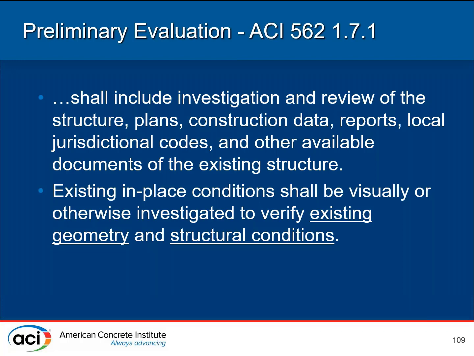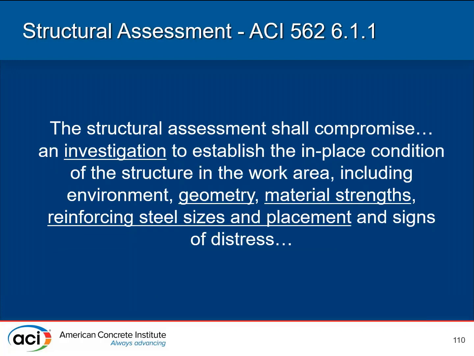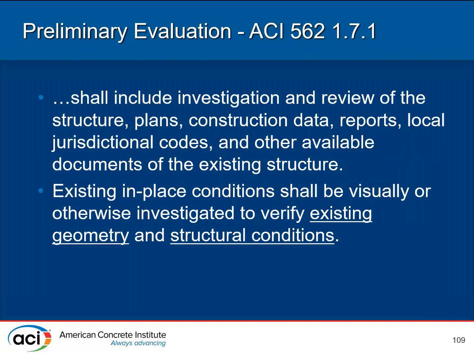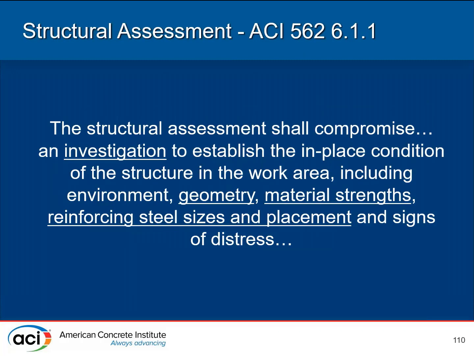First step, preliminary evaluation. The licensed design professional did a visual review, collected all the relevant information, and then decided that yes, this is an issue and we need to do a structural evaluation, and very quickly rolled into one.